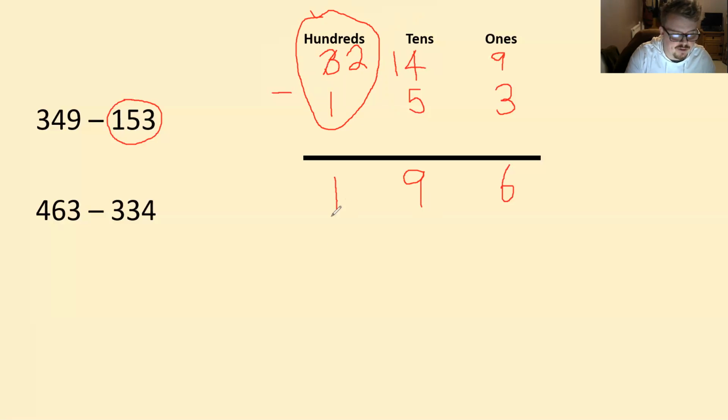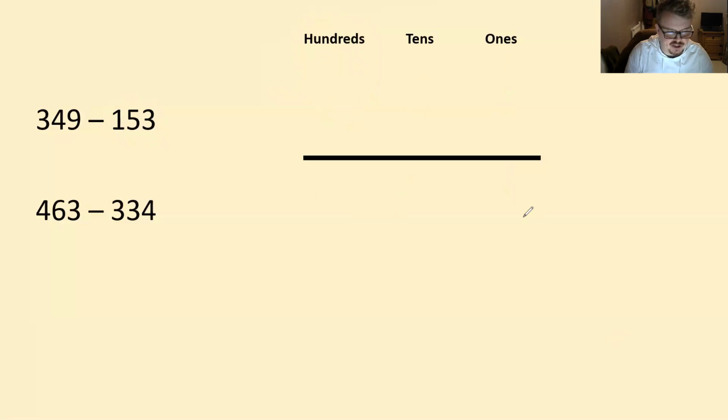So the answer to 349 subtract 153 is 196. Okay, so I'm going to do it one more time with the next question. We have 463 subtract 334. So once again, I get the first number and I put it inside the columns. 463.